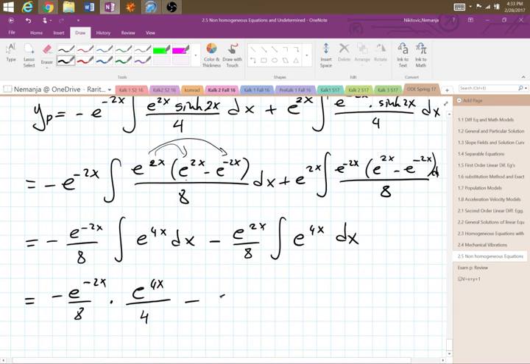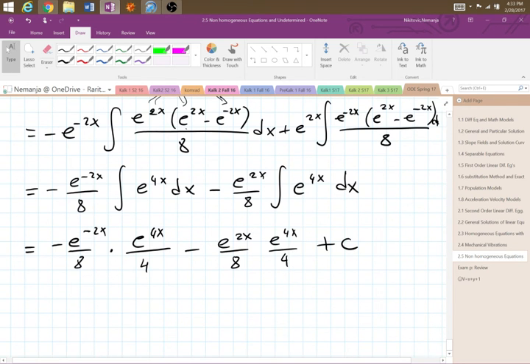Minus e to the 2x over 8, and we have another e to the 4x over 4. And we have plus c eventually. It's only working on the yp.